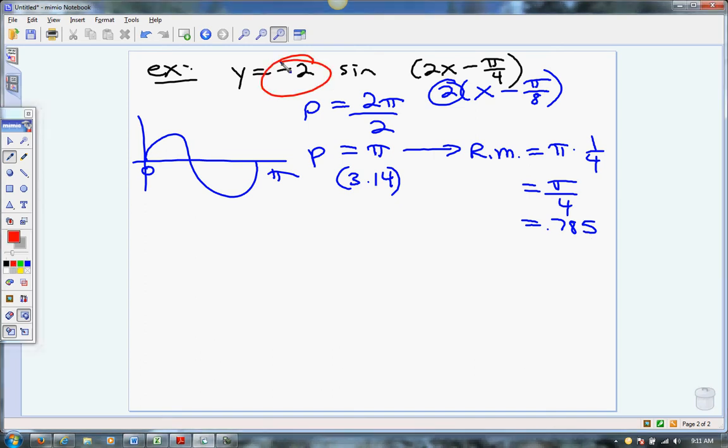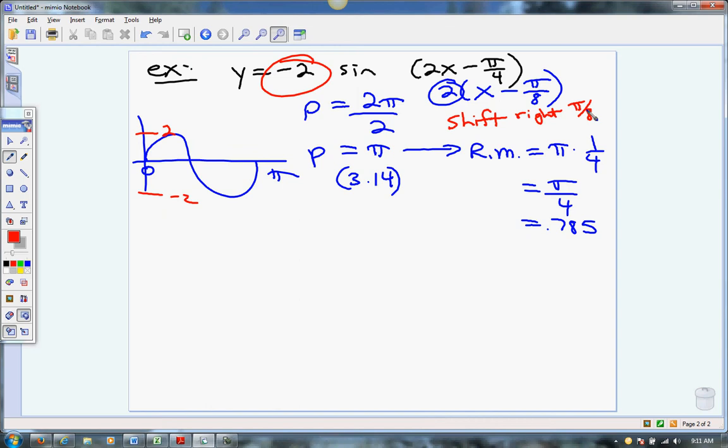The amplitude is -2. So that means this thing's going to come up to 2 and it's going to go down to -2. That's something else we need to know for the graphing calculator. Now, one other thing. Isn't there a shift? This thing is shifted right pi eighths. So you need to keep that in mind when you are looking at the graph.